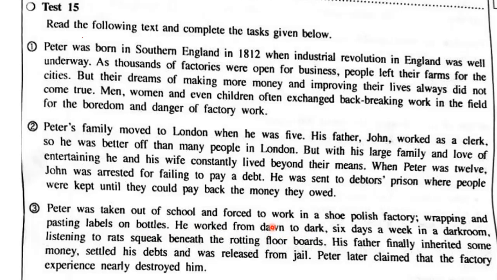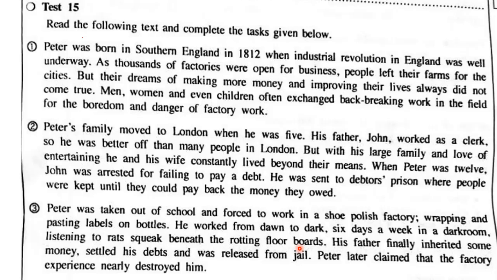What does it mean, dawn to dark? From early morning until it was very dark, 6 days a week. So not 5 days, 6 days. That means, for example, from Monday to Saturday he worked a week in a dark room, listening to rats squeak beneath the rotting floorboards. Now you can see the condition that he worked in.